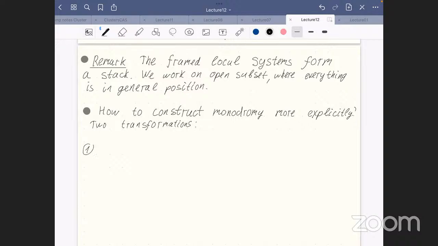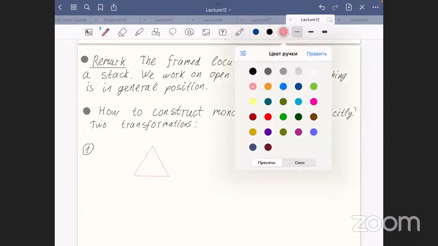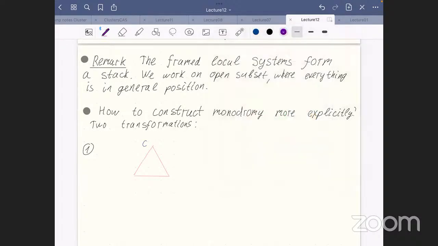First, if we have some triangle, we can always assume that the corresponding cross sections here, corresponding lines here, correspond to 0, -1, and infinity.